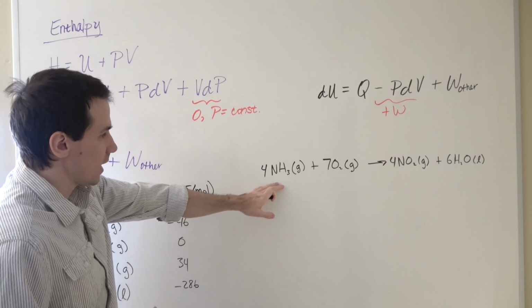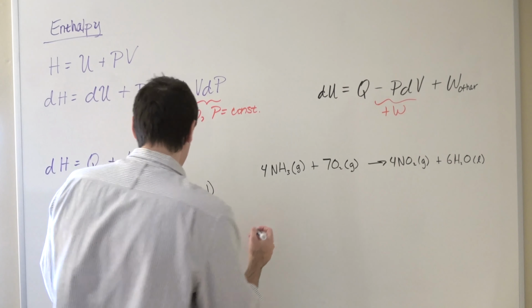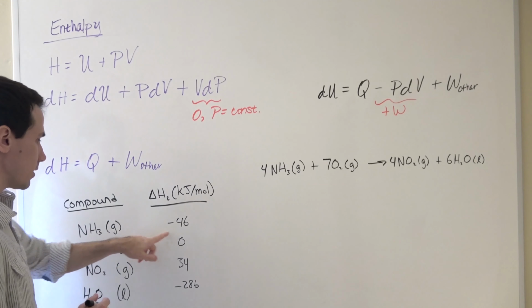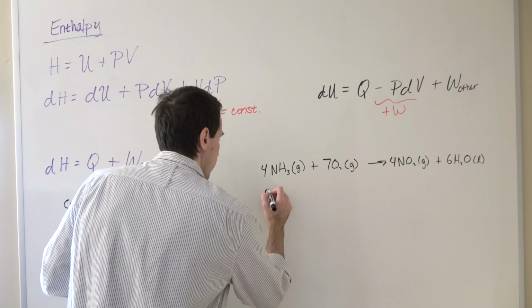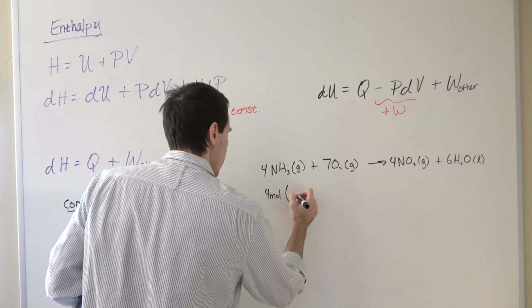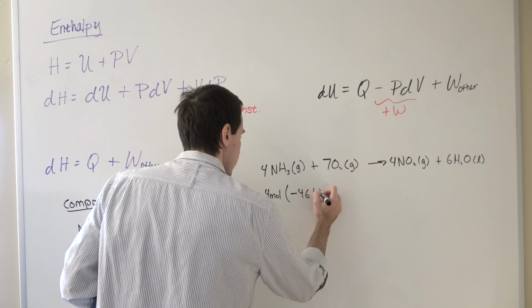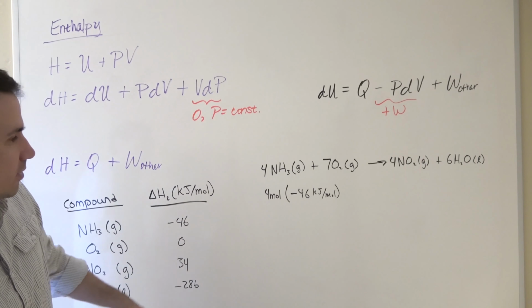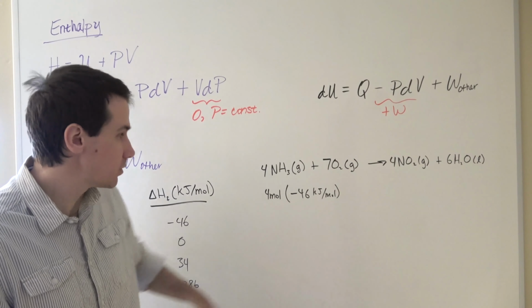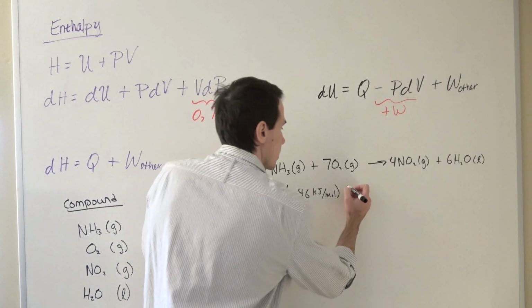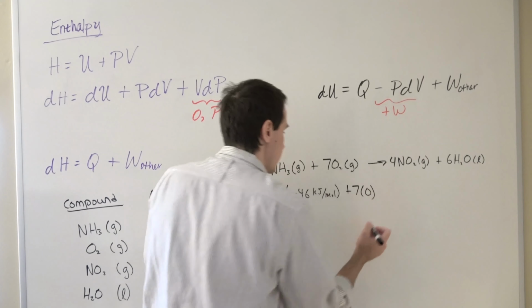So here we have 4, so we are going to combine 4 moles of ammonia here. So we are going to say 4 moles multiplied by negative 46 kilojoules per mole. So notice that we end up with units of just kilojoules because enthalpy has units of energy. Plus 7 times 0.